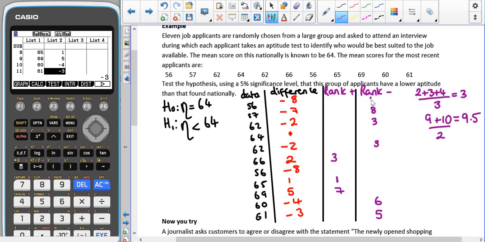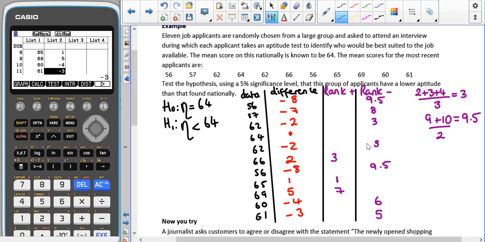This 8 is negative, so the 9.5 goes in the rank minus column, and this 8 is also negative, so that gets the rank 9.5 as well. So you can see clearly which ones have been ranked negative numbers and which ones have been ranked positive numbers.